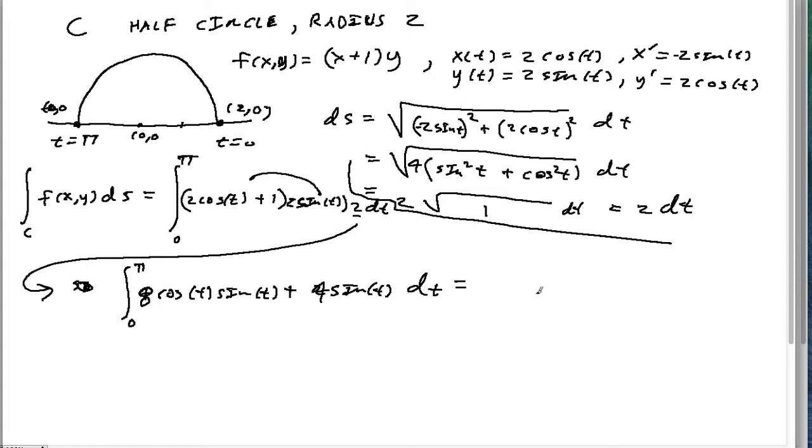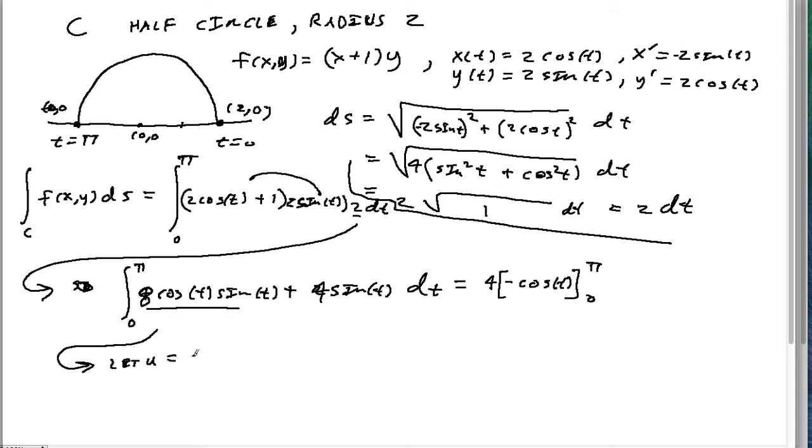This part, the antiderivative, is pretty straightforward to find. It's just going to be negative cosine. So I'm going to do that right off the bat here. That's going to be negative cosine t, evaluated from 0 to pi. And then for this part of the integral, I'm going to do the calculation over here.